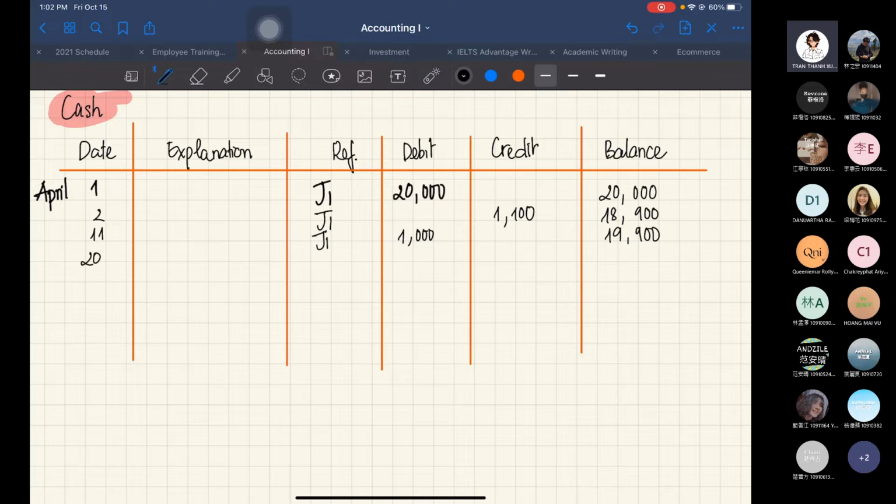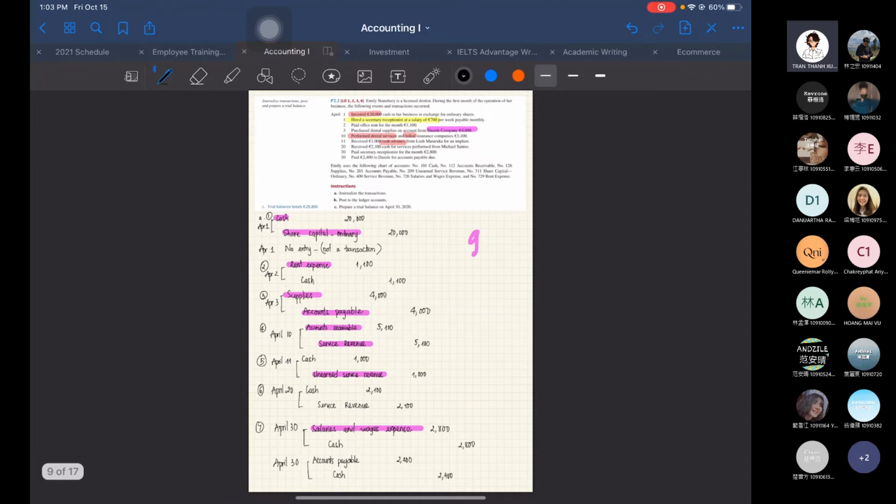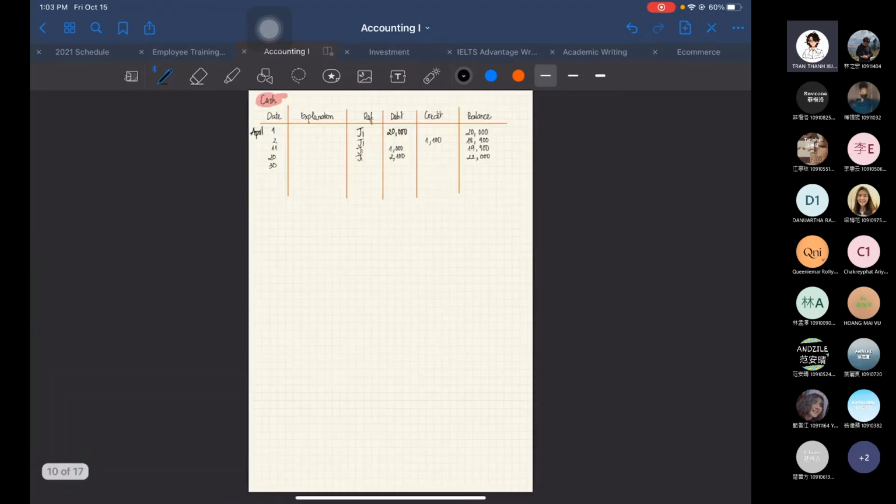Here, April 20, 2,100, right? And it's also on the debit side, so it will become 22,000. April 30, cash. Oh, I need to double check. Cash okay, or credit side.